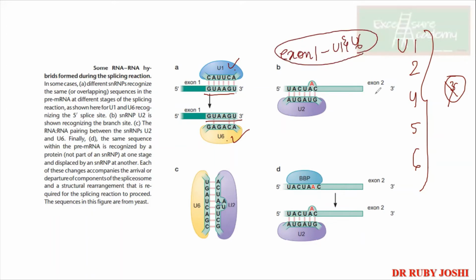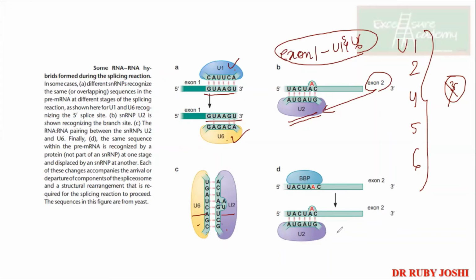Now coming to the next, U2. If it kicks out one base, it can interact with U2. Then again, U6 and U2, these two spliceosome parts can also form base pairing because both of them have RNA, correct? So they themselves can interact with each other.